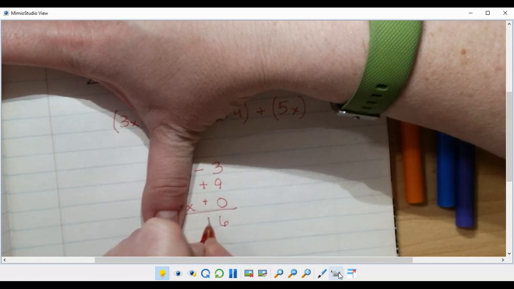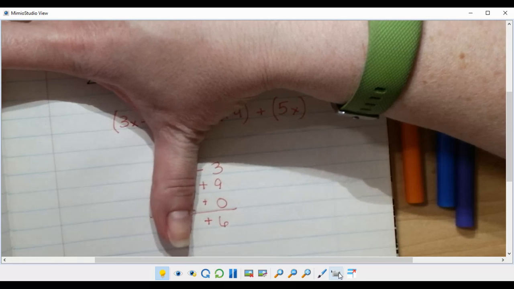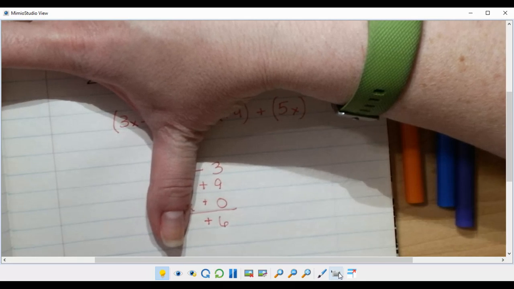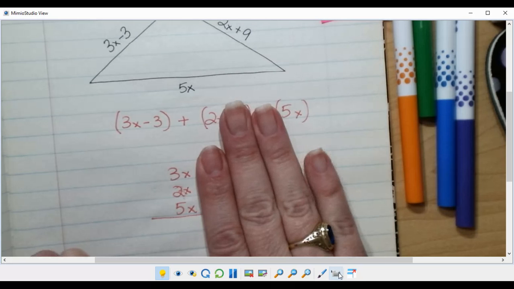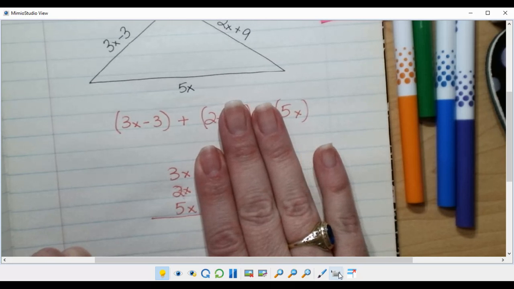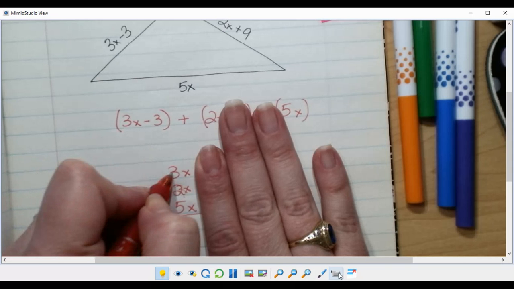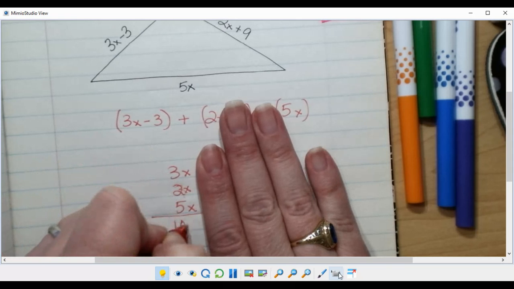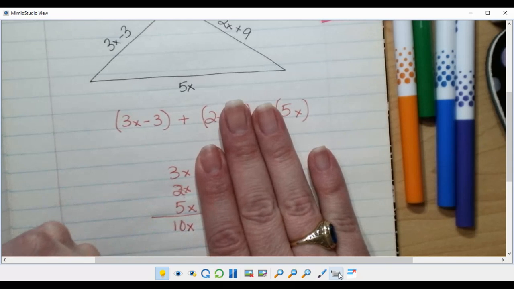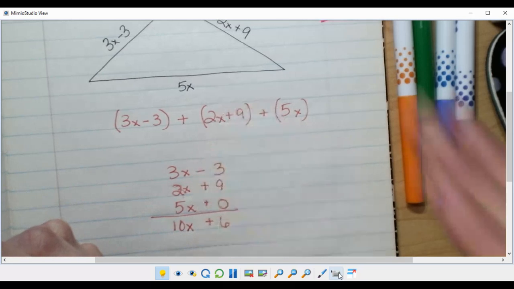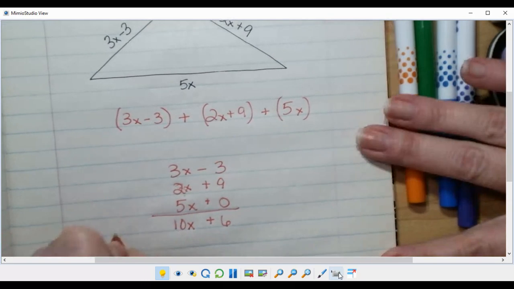It was positive, so we keep positive in front of the 6. Now let's shift over here. I have no negatives anywhere with those, which is great because I can just add them all up. So 3 plus 2 is 5. 5 plus 5 is 10. Keep the x. The perimeter of this triangle is 10x plus 6.